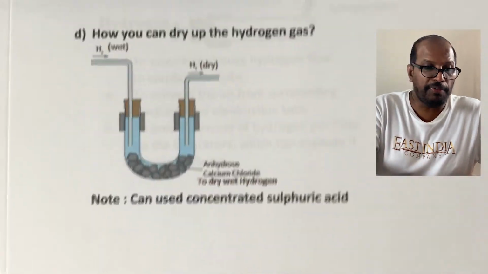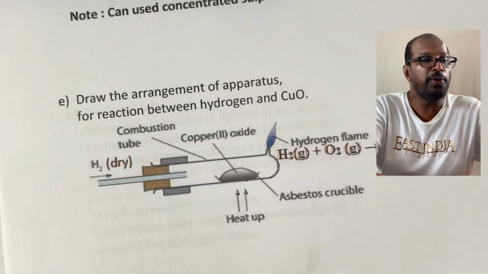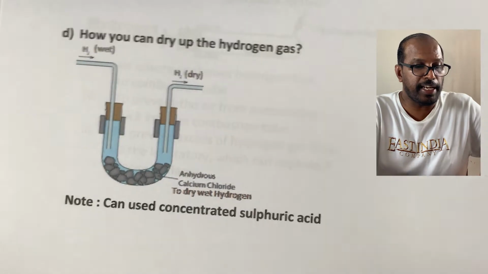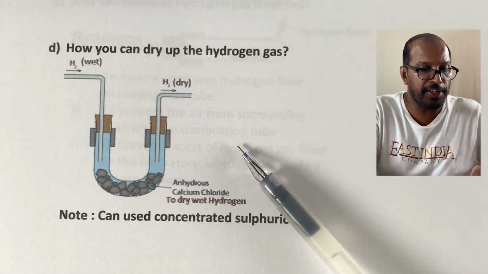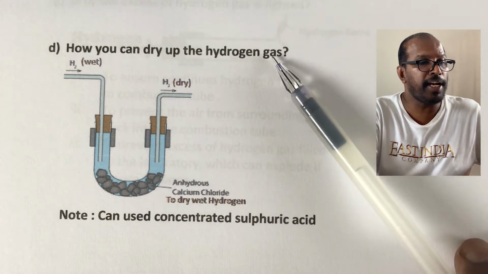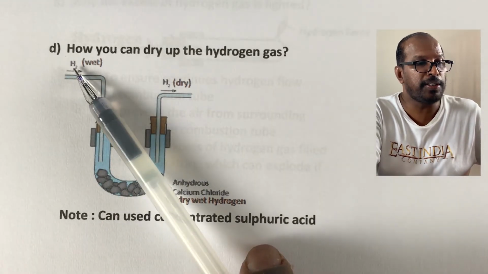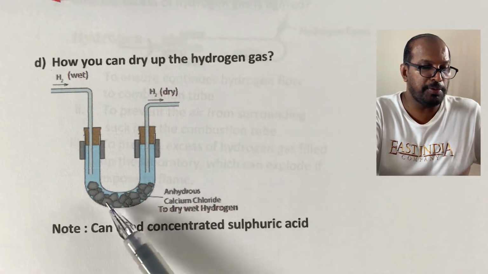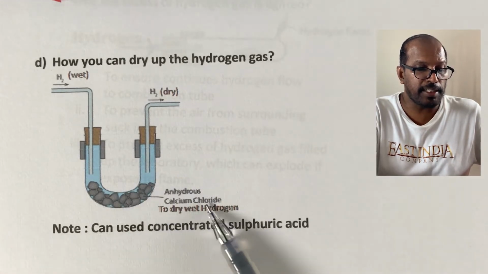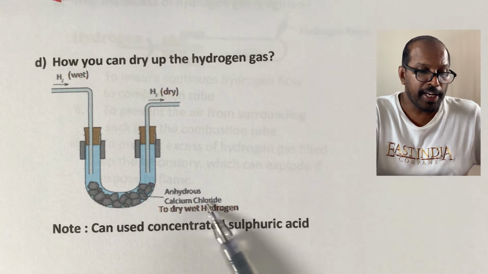Now the next level, the fourth thing that we should know in this experiment, is how you can dry the hydrogen gas. The gas which is being produced is actually wet. It goes through a U-tube which is filled with anhydrous calcium chloride, that means dry calcium chloride.